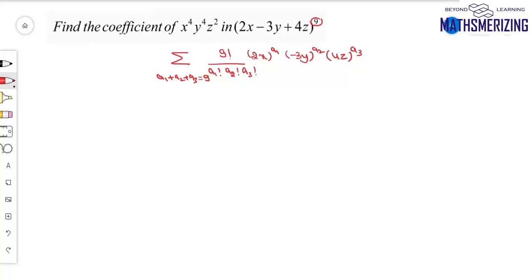Now I need the coefficient of x^4 y^4 z^2. So in this case, if I find the sum of these powers, 4 + 4 + 2 is 10, which is unequal to 9. So that means in this expansion, there is no term x^4 y^4 z^2. So the coefficient of such a term will be simply 0.